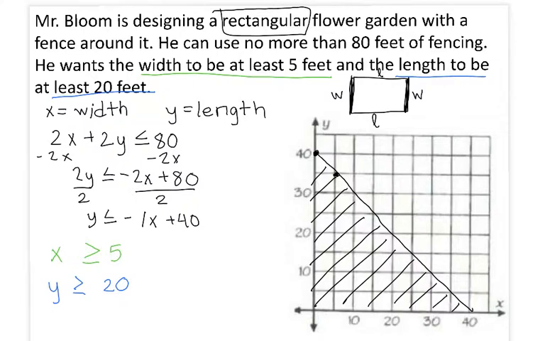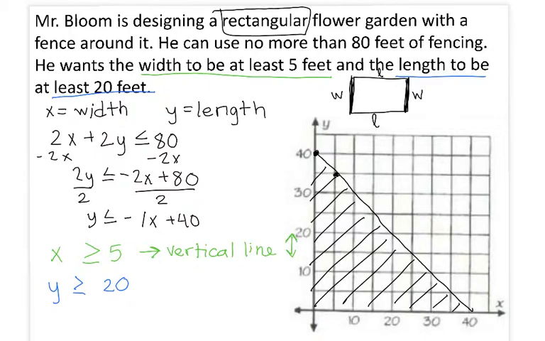Okay. And then we need to go to our second inequality that we have, x greater than or equal to 5. When we have an equation that's x equals, this line is always vertical. Vertical line. That means up and down.